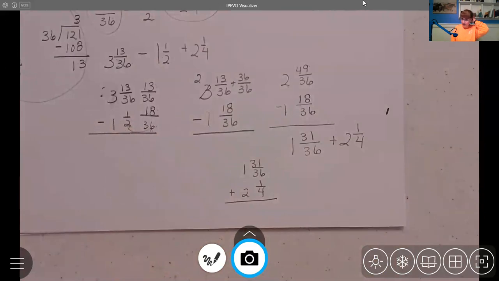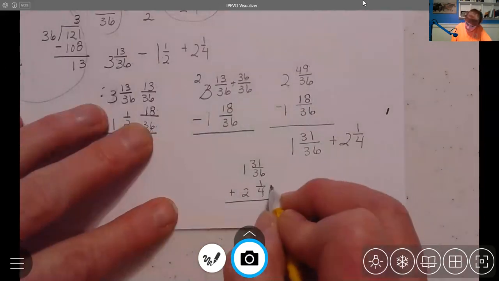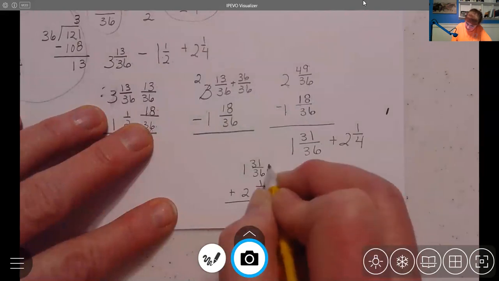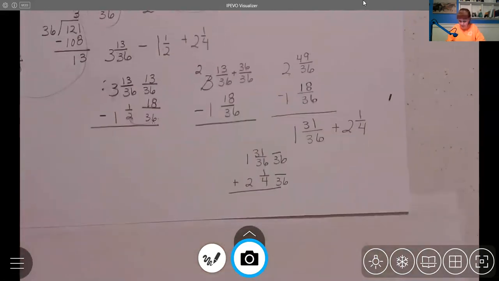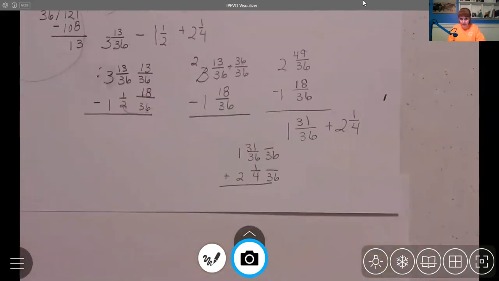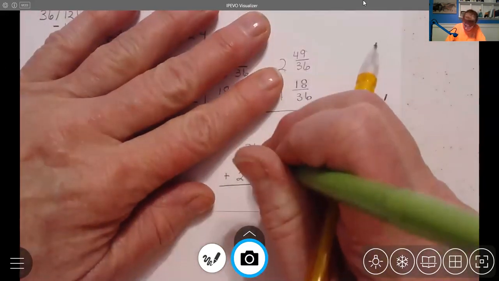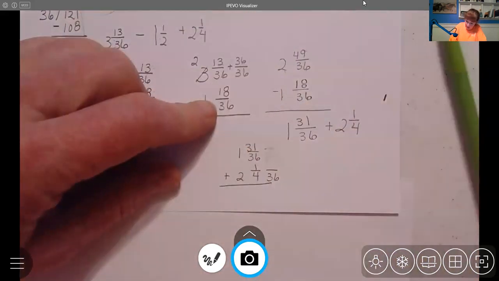I'm going to line them up. Get a common denominator of 36. I have another piece of paper, which is fine. I'll just stick it underneath here so I can carry it through. I'm running out of room. I'm going to make that 36 a wee bit smaller.